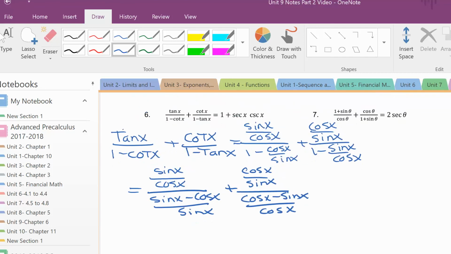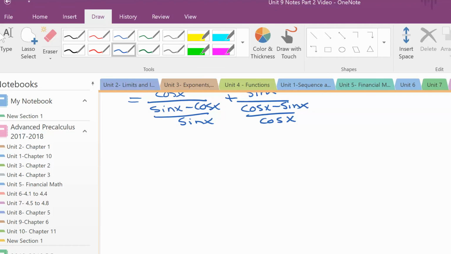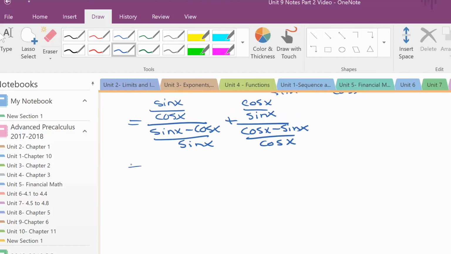Then I would actually do the division, where you multiply by the reciprocal.